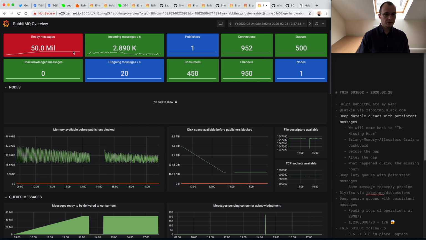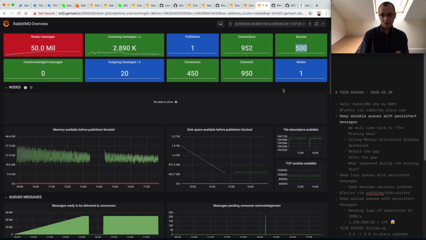The thing which I would like to point out is that we have 50 million messages on this one node. We have a constant rate of about 3,000 incoming messages, very few outgoing. The reason why we have few outgoing messages is because out of the 500 queues, 450 queues all have producers, they all have consumers, and they consume messages as soon as they arrive.